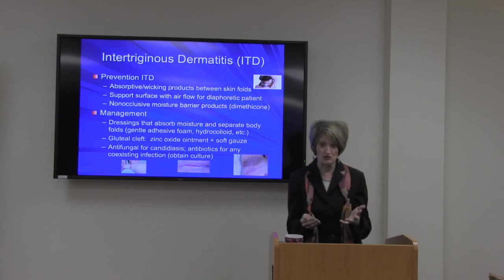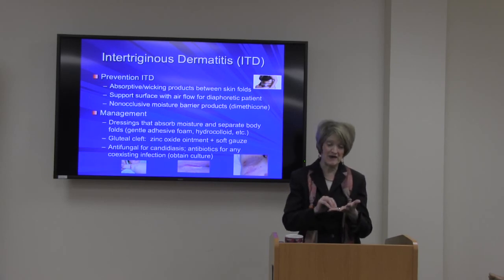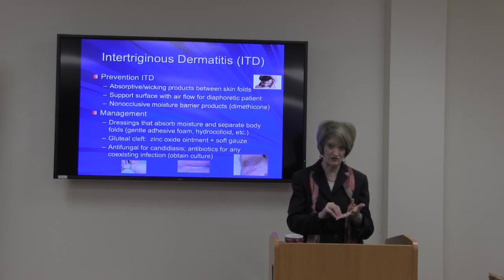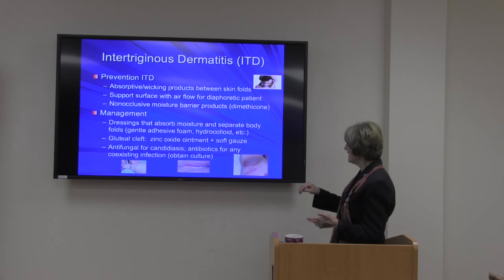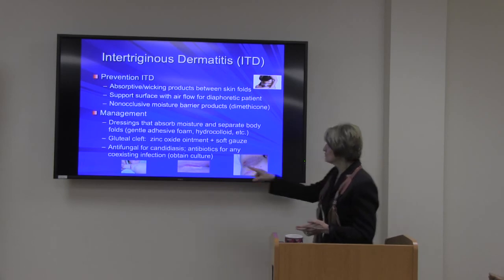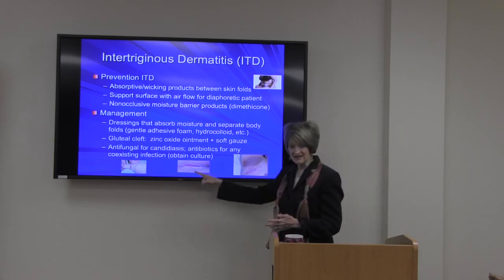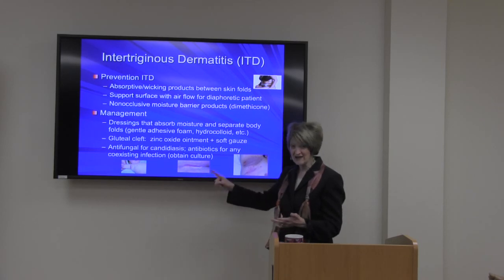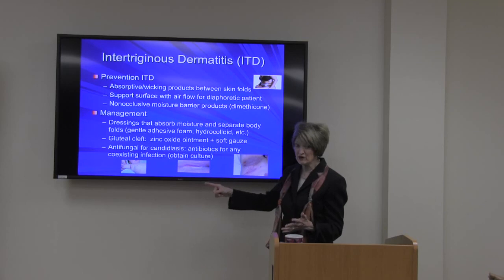What are your goals? Keep a moist surface, manage excess moisture, separate body folds, right? So if I can use a gentle adhesive foam, I will. If I can use even a hydrocolloid, that would be better than an ointment.